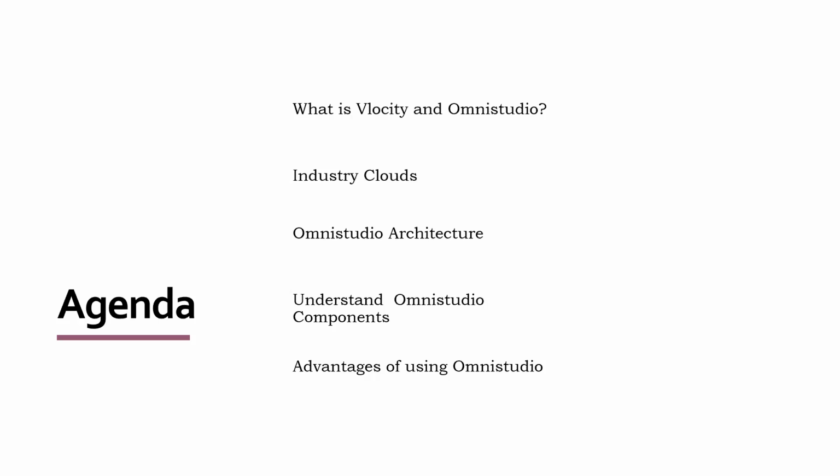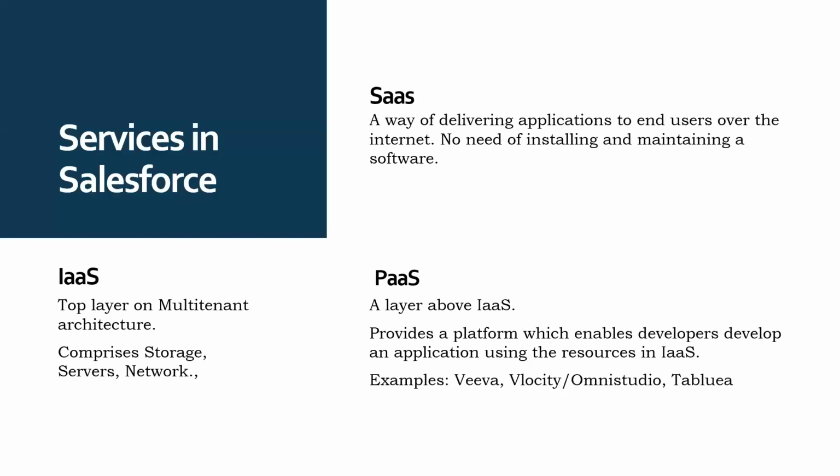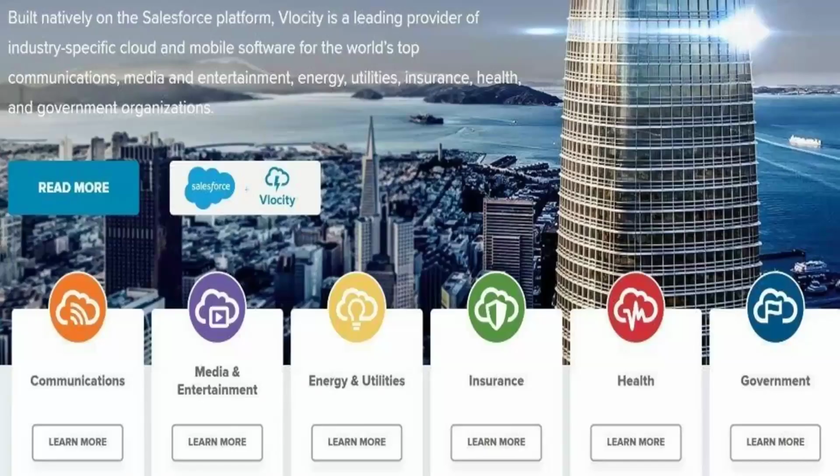So that means whoever is already using Velocity will have it as it is, but going forward, anyone who takes industry specific cloud can either go for industry specific cloud, which covers any of these industries, or they can go for Omni Studio. If you buy industry specific cloud, you'll also get Omni Studio.